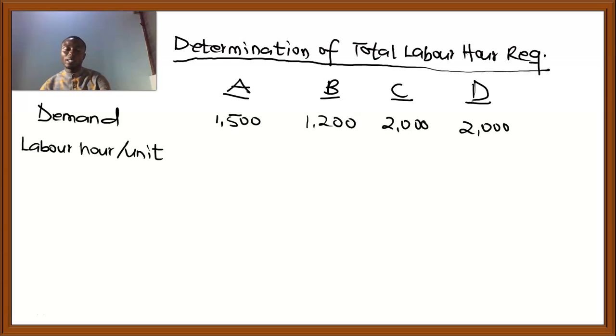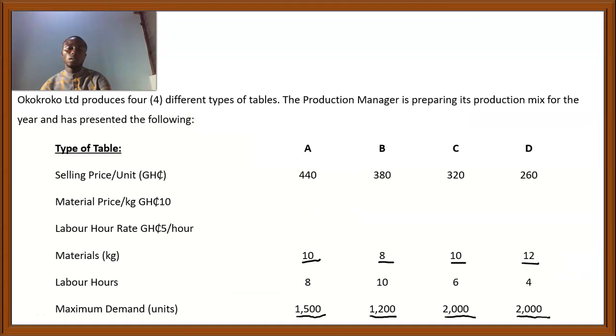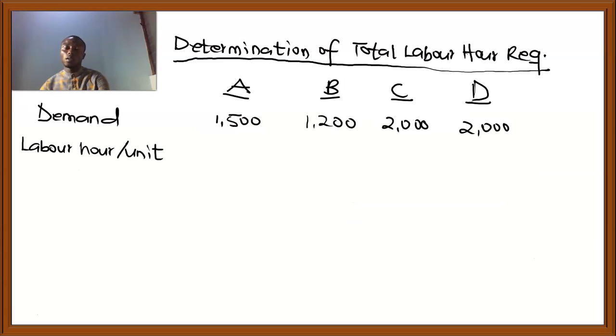So we multiply it by the labor hour required per unit. Let's go back to the question. Realize that for table A, we require 8 hours, B 10 hours, C 6 hours, and D 4 hours. So we fill that in. We have 8, 10, 6, and 4. And now we multiply vertically.